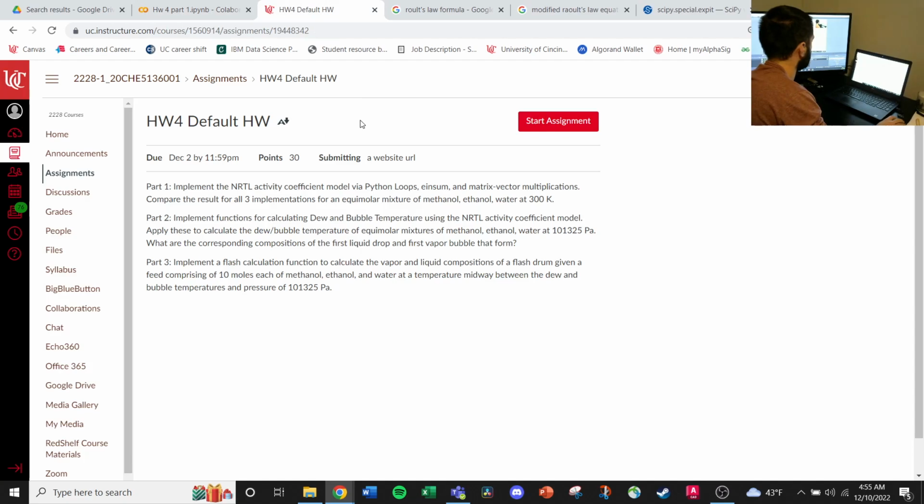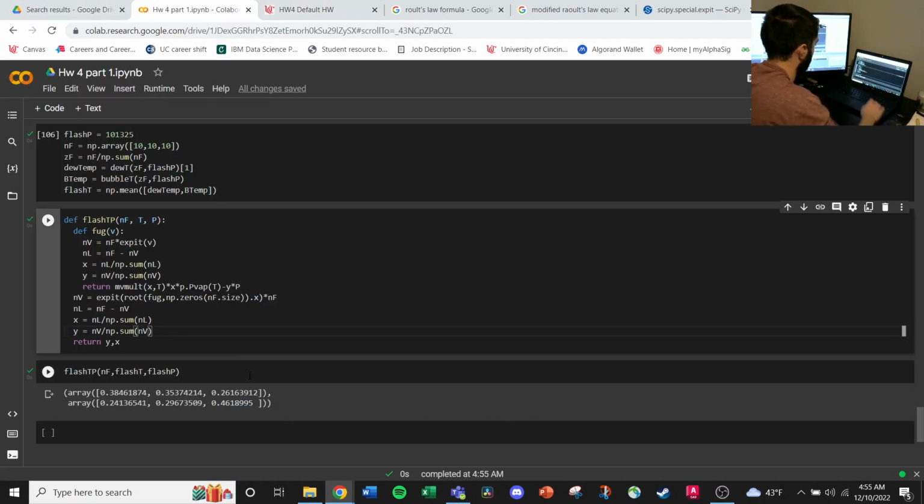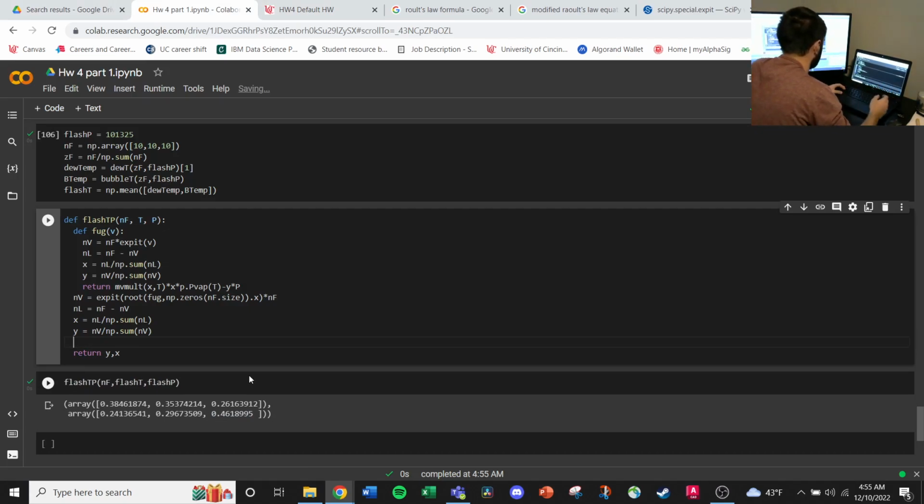Something else that is kind of interesting to calculate, you can show the percent of the feed that's vaporized, and that's pretty simple.